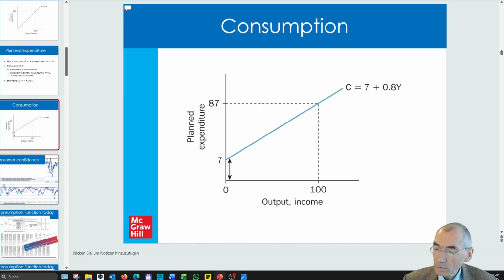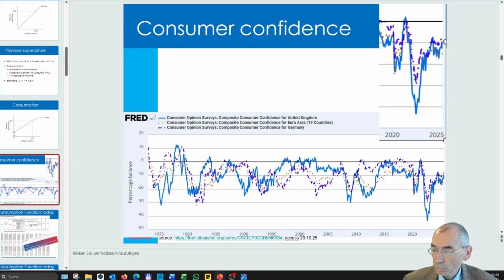In our book, you also find a bit of explanation about the consumer confidence. You find a picture about the British, and here this is a somewhat newer, more contemporary consumer confidence for the United Kingdom, for the euro area, for Germany. And you see this consumer confidence basically goes up and down, has different values that we look at.